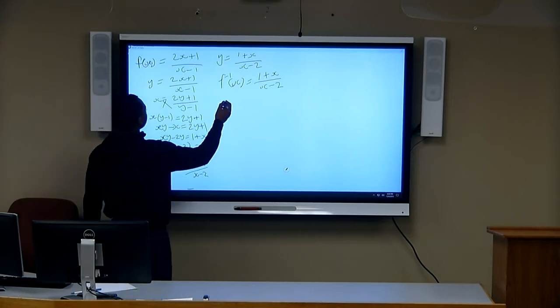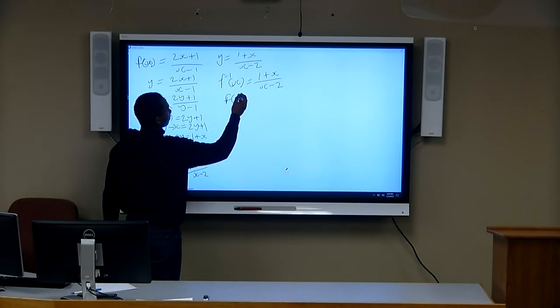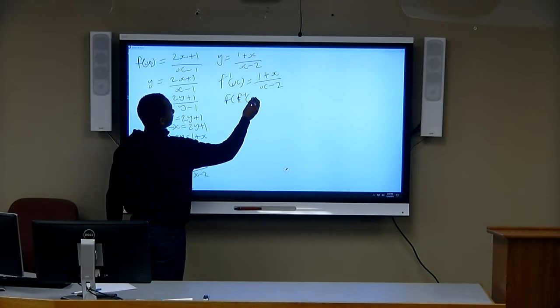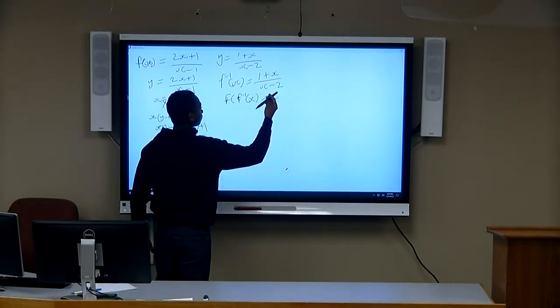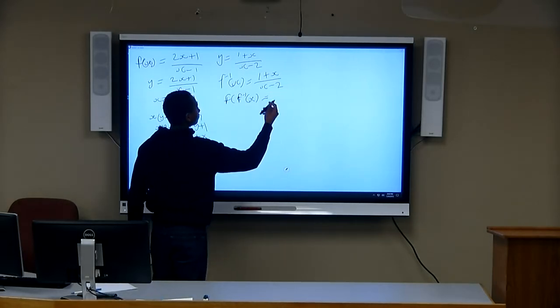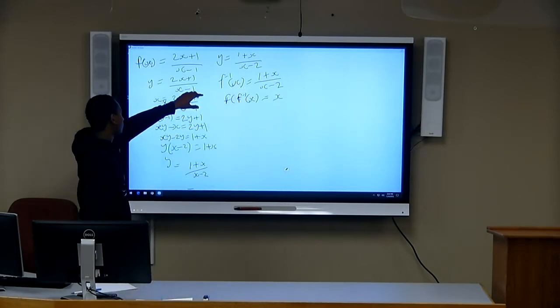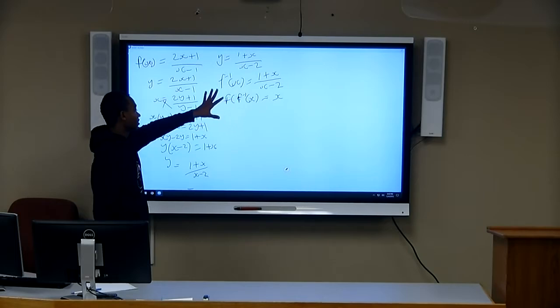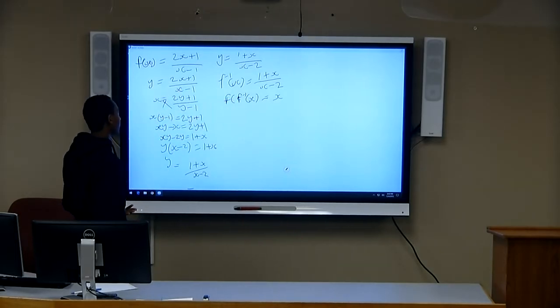We're going to say f of f inverse of x should be equals to x. If it is not equals to x, then this thing is not right. So this thing should be equals to x.